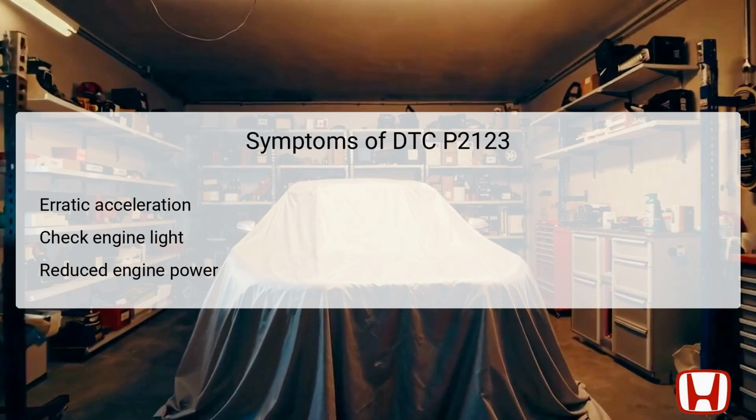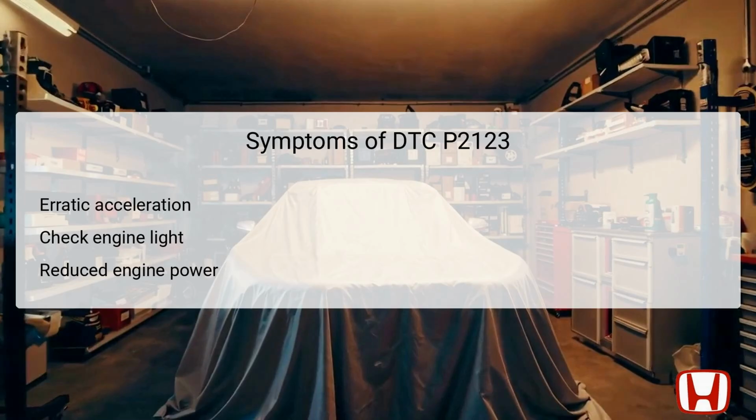Additionally, the check engine light on the dashboard may illuminate, indicating that a fault has been detected in the engine management system. Drivers may also notice a reduction in engine power, making it difficult to accelerate as normal or maintain speed. These symptoms highlight the necessity of addressing the DTC promptly, as they could lead to broader operational issues if left unresolved.